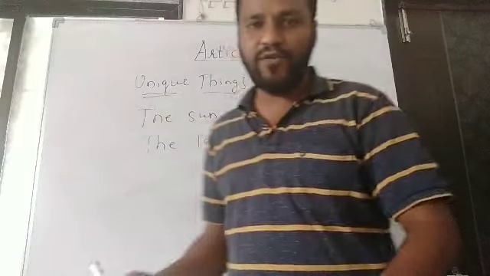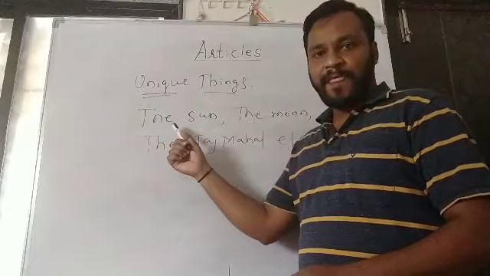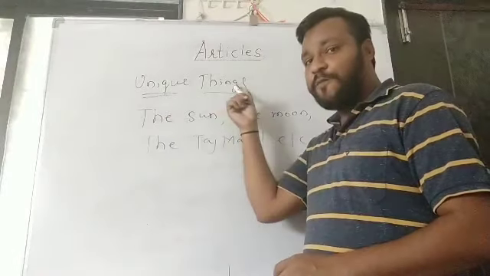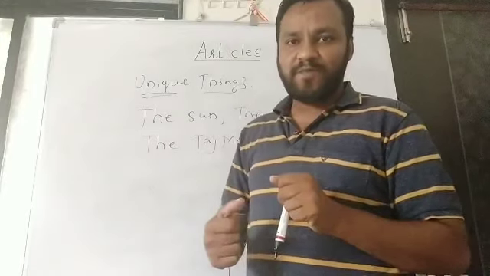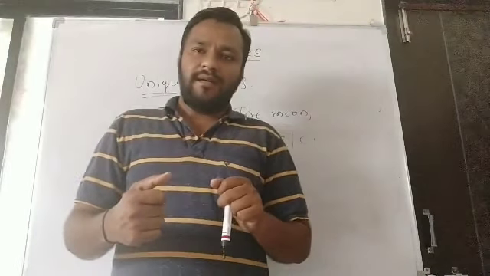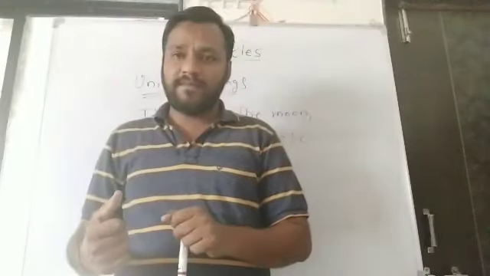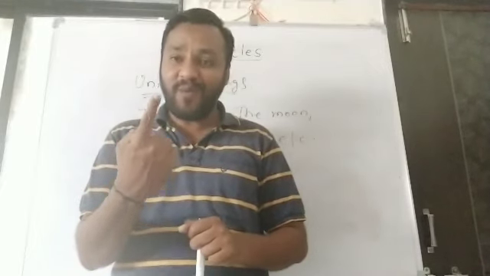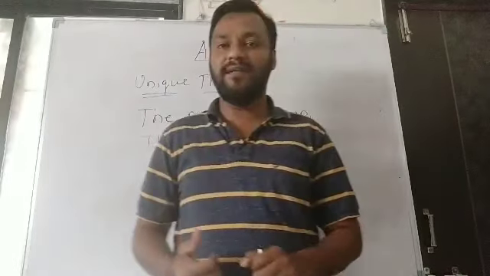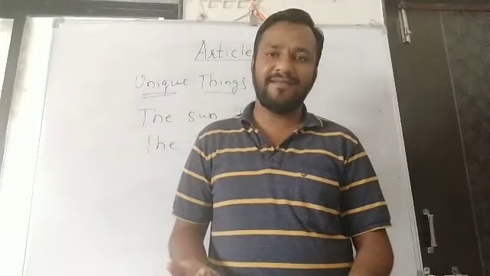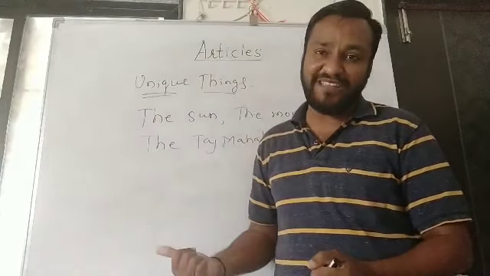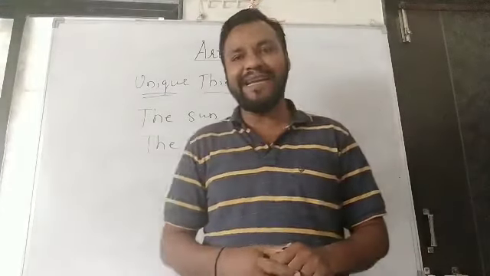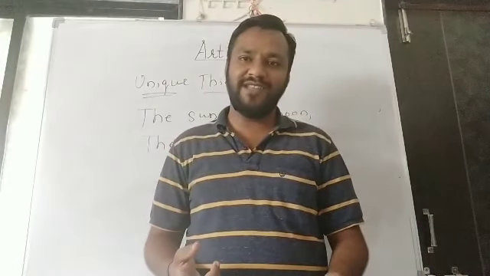Friends, next use of article the is what? With the name of unique things, the things which are unique in the universe. For example, the sun, unique, one only. The moon, it is also unique. The Taj Mahal, unique. The Gateway of India, also unique.